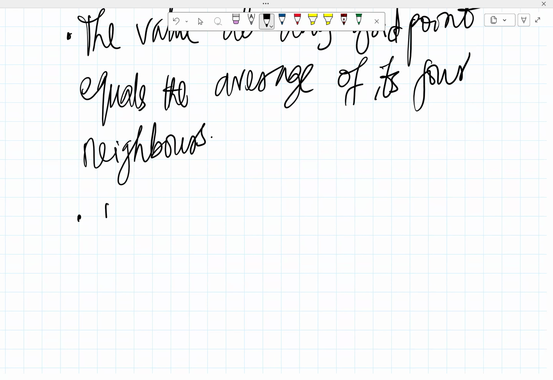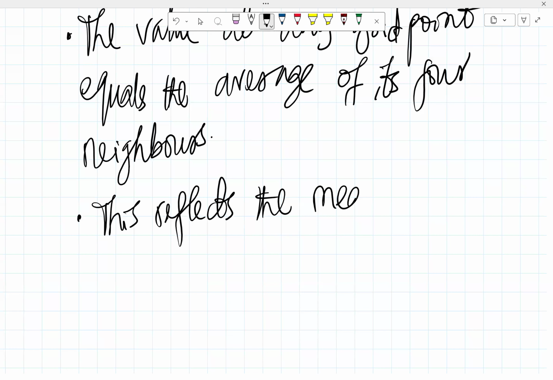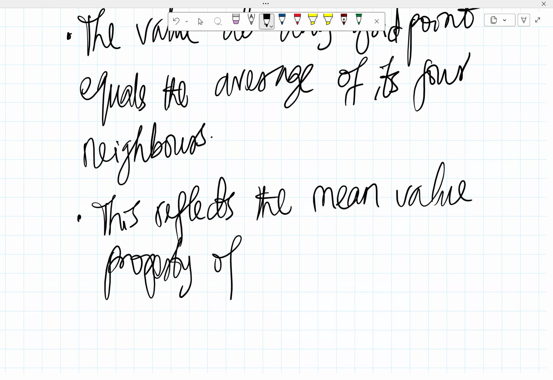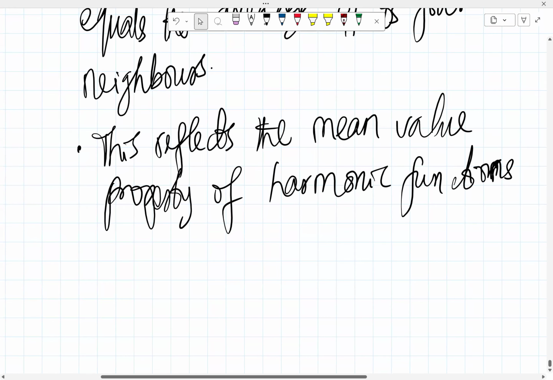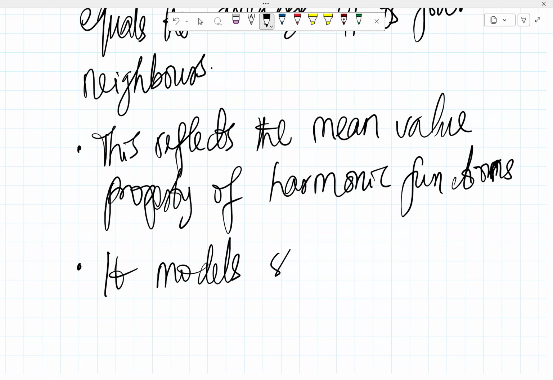Second, this reflects the mean value property of harmonic functions: every particular point is an average value of the points around it. Then it models steady state equilibrium.